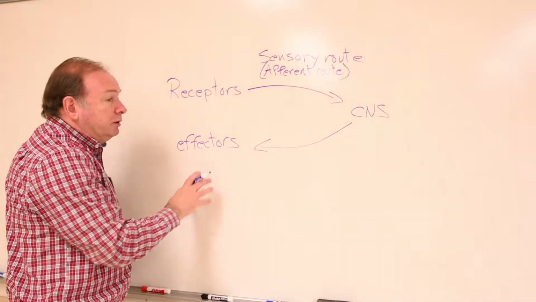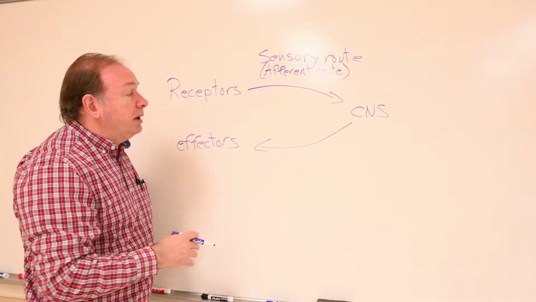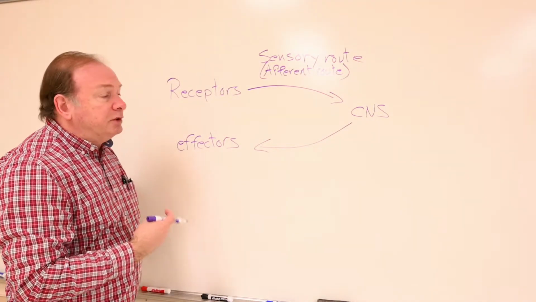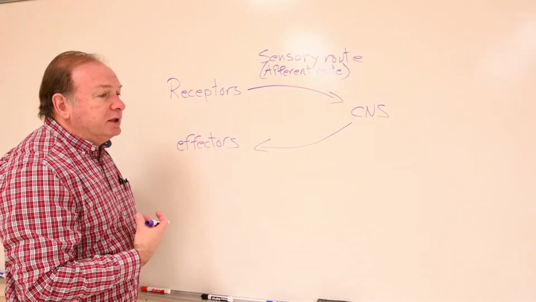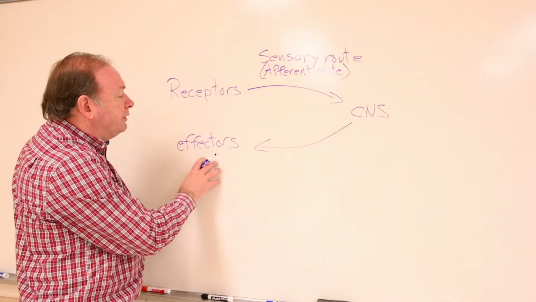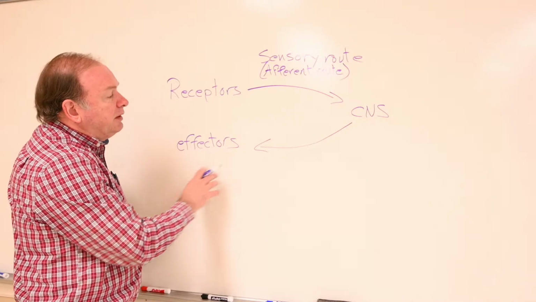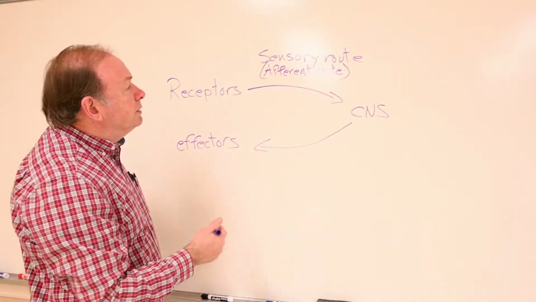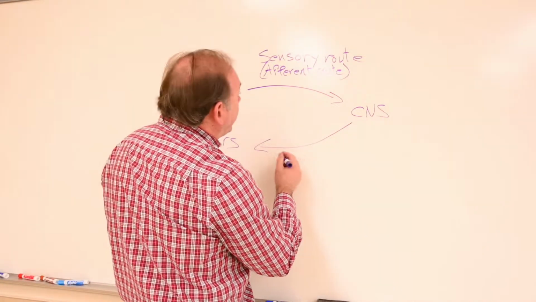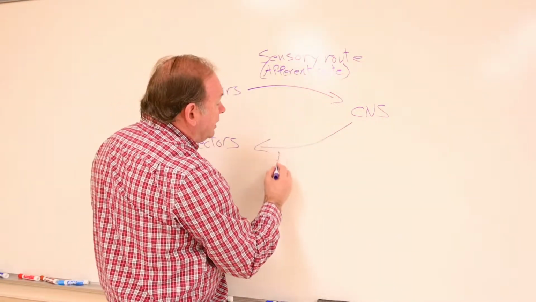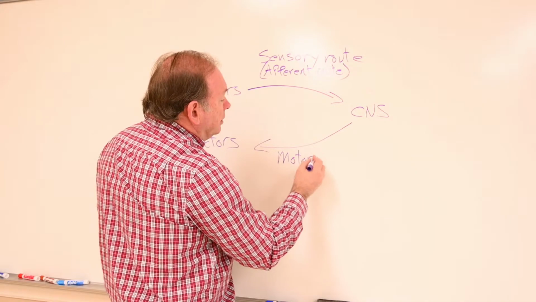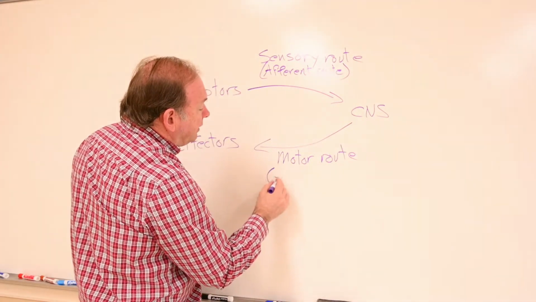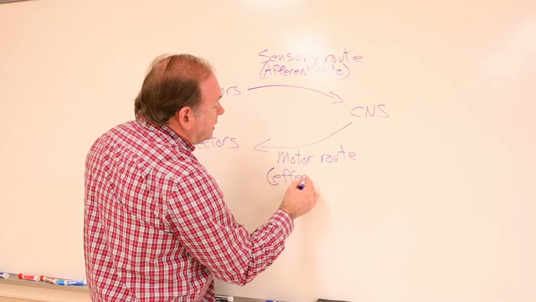So your voluntary and involuntary movements out there, the heart muscle as well as the digestive tube and other structures, internal visceral organs, receive signals from the central nervous system, and of course all your voluntary movements as well. This outward pathway, instead of being sensory, is called the motor route, and that is also known as efferent, E-F-F-E-R-E-N-T.